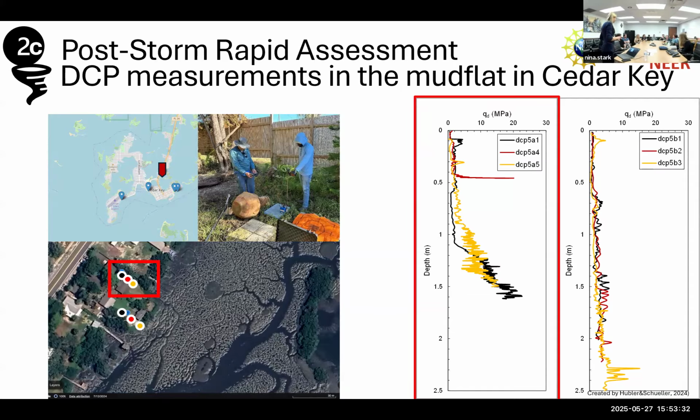For the DCP data that we collected out in Cedar Key, how comparable was it to different sites still within the Cedar Key area? Yeah, so I would say the beach areas were really comparable. With that one cross-shore profile here, you saw nothing in the cross-shore direction, so one point would be good as well.